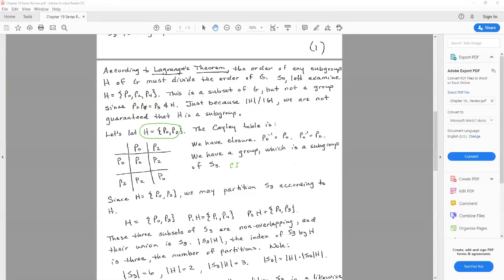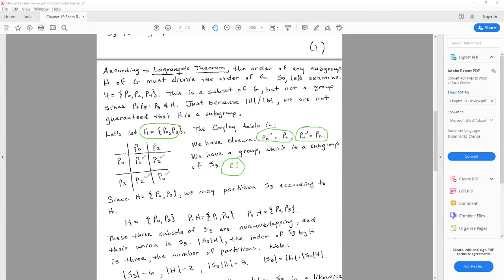We do have closure because if we multiply any 2 elements in this H together, we get another element in H. And notice that every element does have an inverse. The inverse of P0 is P0, and the inverse of P2 is P2.